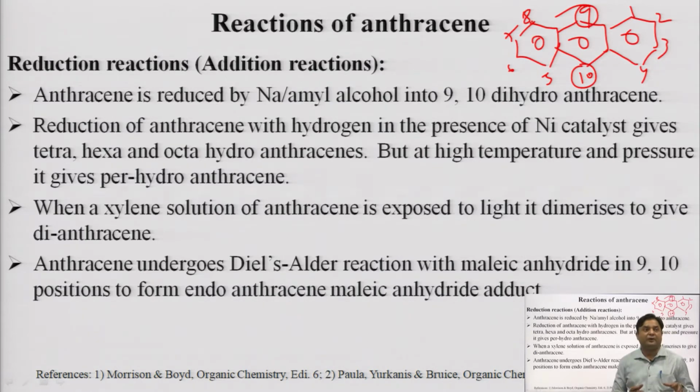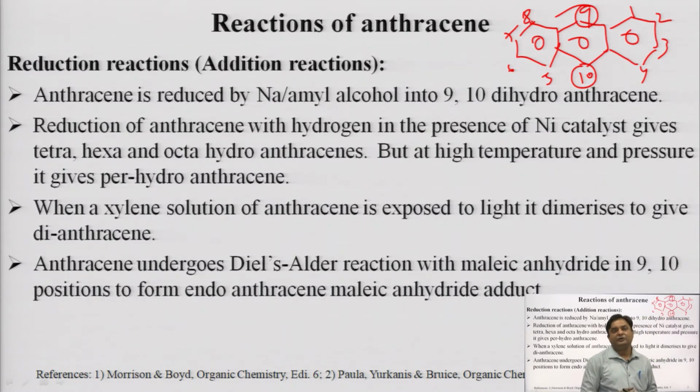Reduction of anthracene with hydrogen can also occur in the presence of a nickel catalyst, which gives different products like tetrahydro and octahydroanthracene, but at high temperature and pressure it gives perhydroanthracene.